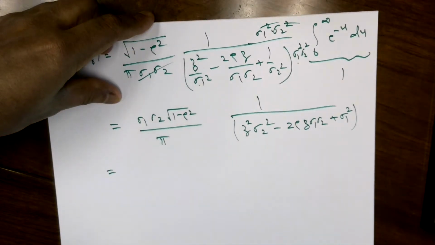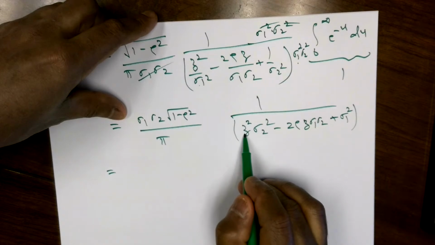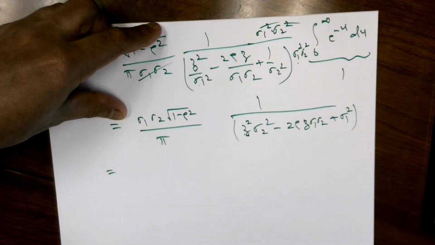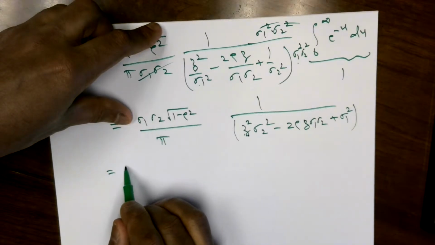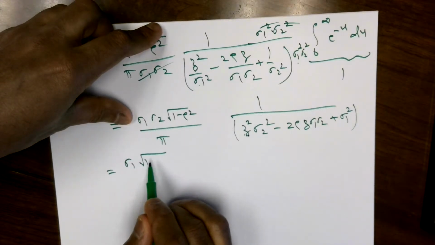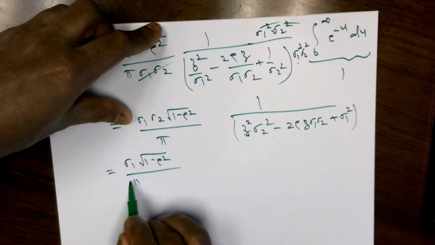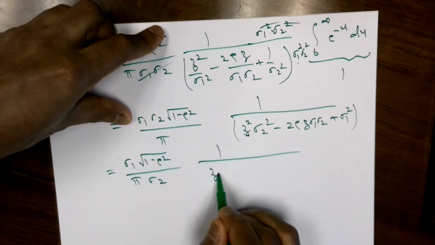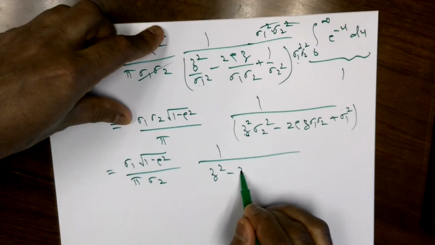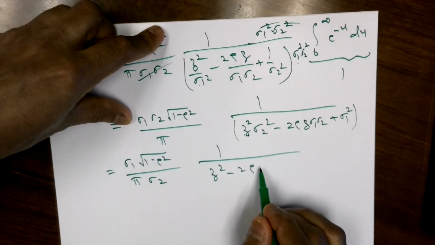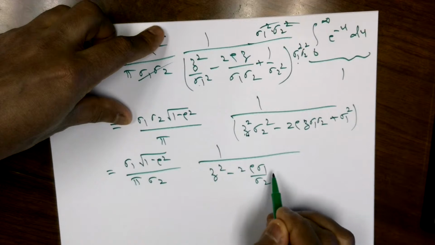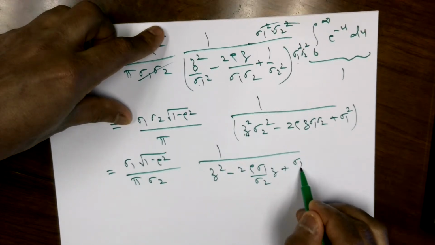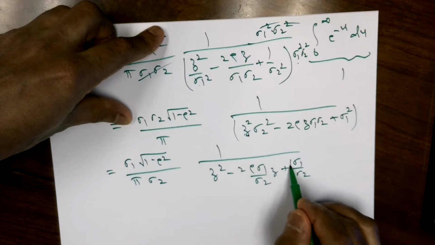I'm going to rewrite this, I just want it to be clear here, only z squared. So I'm going to pull out sigma 2 squared. So this is sigma 1, and I pulled out sigma 2 squared. So this is z squared minus 2 rho sigma 1 over sigma 2 z plus sigma 1 over sigma 2 squared.